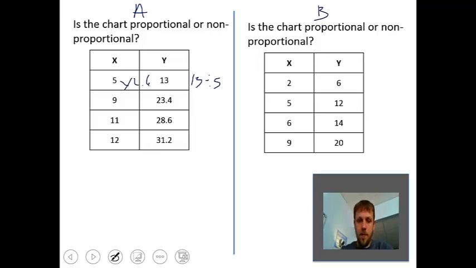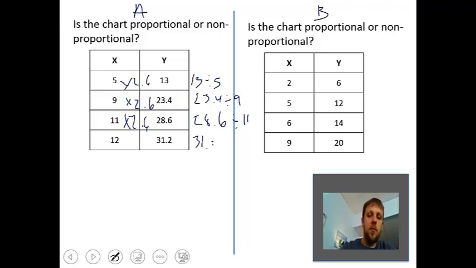23.4 divided by 9 is 2.6 as well. 28.6 divided by 11 is 2.6.